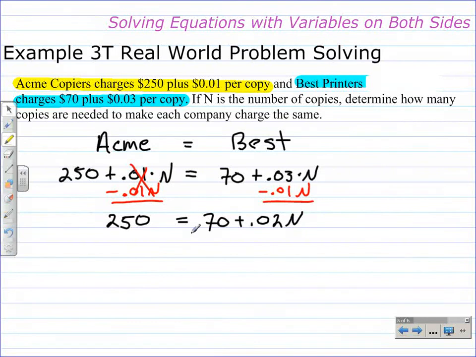Next, we'll subtract 70 from both sides. On the right, the 70s become 0, leaving 0.02 n to be exact, and 250 minus 70 is 180. Next, we'll divide both sides by 0.02.